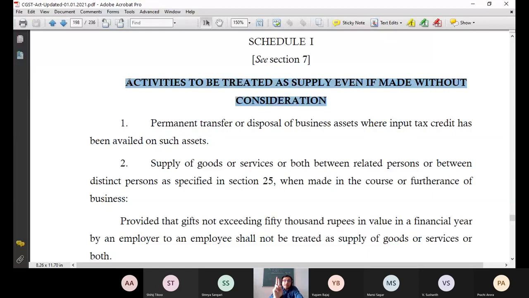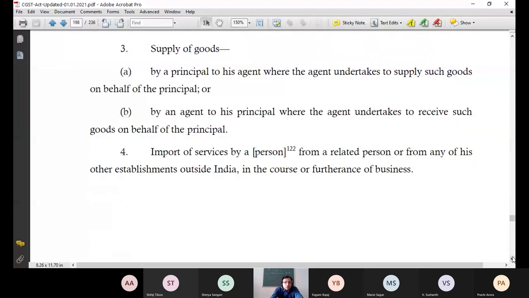Now it covers 4 paragraphs. This is paragraph 1, paragraph 2. For simplicity, you can use the word point also, but it is paragraph 1, paragraph 2, para 3, para 4. There are only 4 such activities, that's it. So you have to learn these 4.